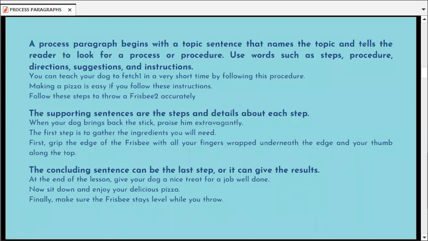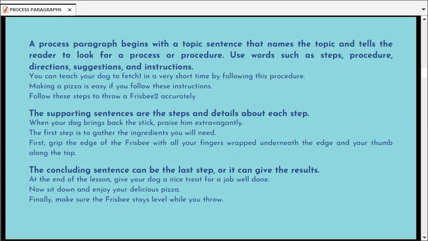A process paragraph begins with a topic sentence that names the topic and tells the reader to look for a process or product or procedure. Use words such as step, procedure, direction, suggestion, and instruction.